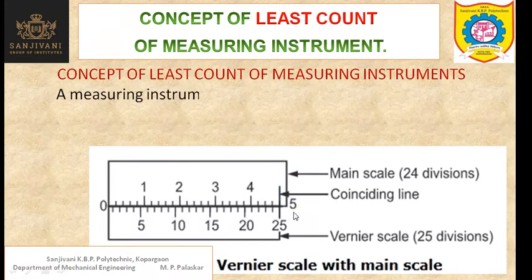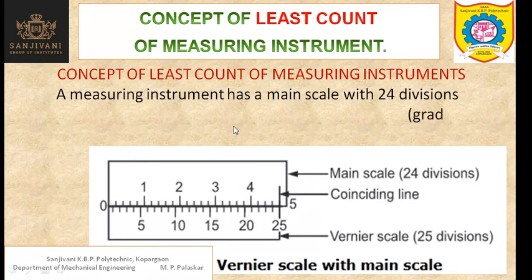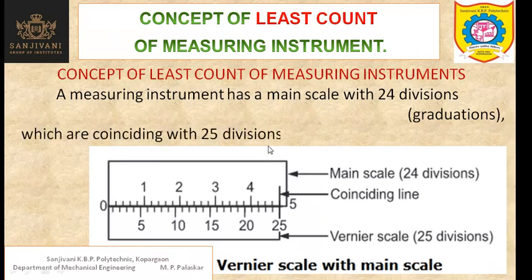So again we can see that the measuring instrument has a main scale with 24 divisions which coincide with the 25 divisions of the vernier scale. From 0 to here we get 24 divisions of the main scale, and they coincide with the 25 divisions of the vernier scale.